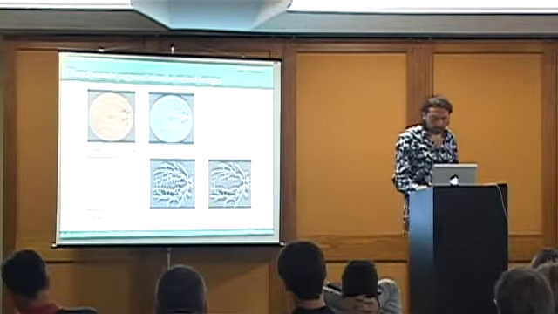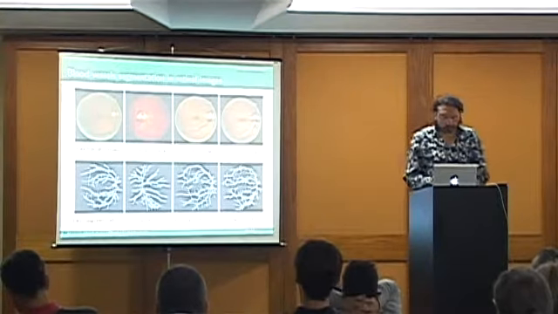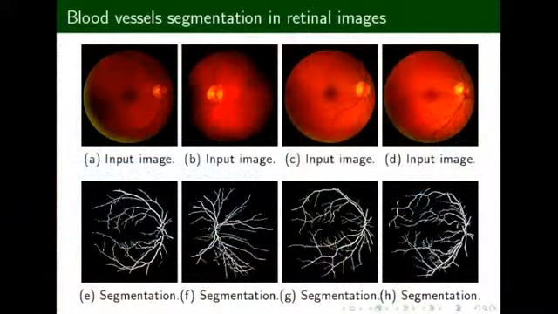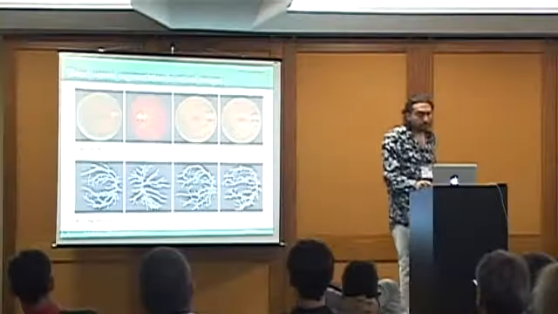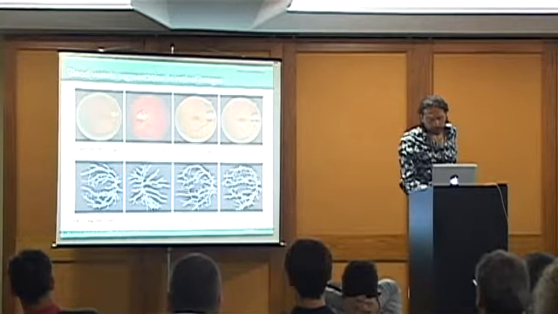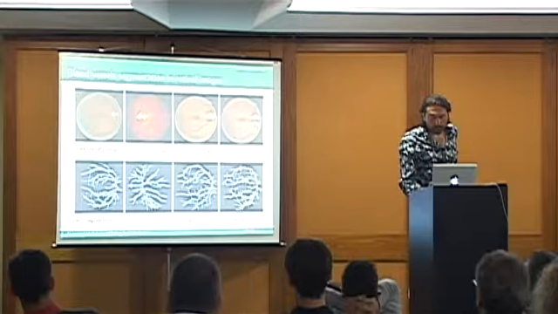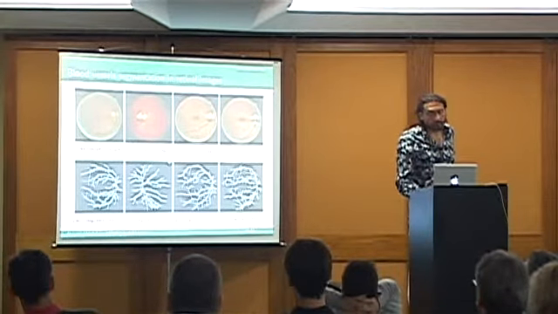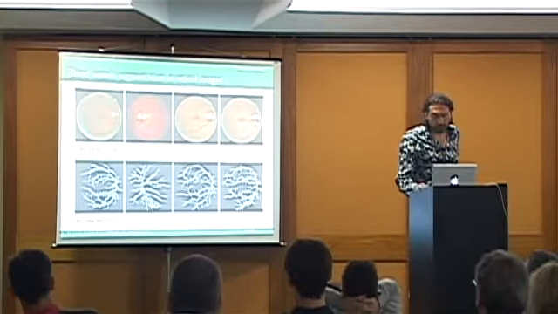Okay. So here are some more examples, more or less difficult. You can see that there is the yellow spot here that is a bit disturbing, but basically these results look like they are a good step in the right direction.